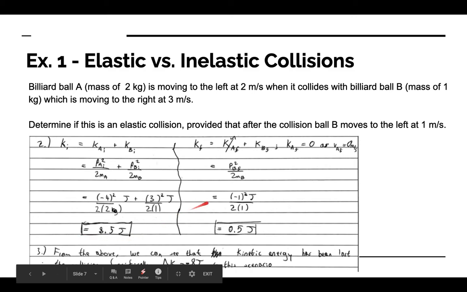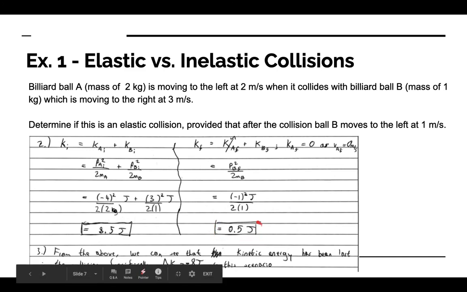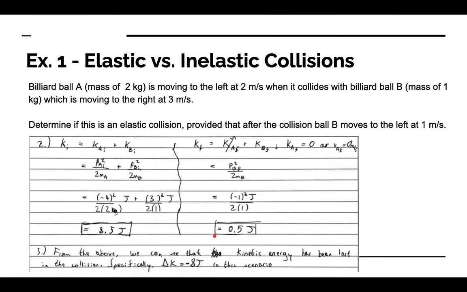Now our final kinetic energy is KAf plus KBf, but because the final speed of object A is 0 meters per second, that tells us the final kinetic energy of A is also 0. So our final kinetic energy is going to be equal to the final kinetic energy of ball B, which is pBf squared divided by 2mB. pBf is going to be negative 1, so we square negative 1, divided by 2, which gives us a final kinetic energy of 0.5 joules.